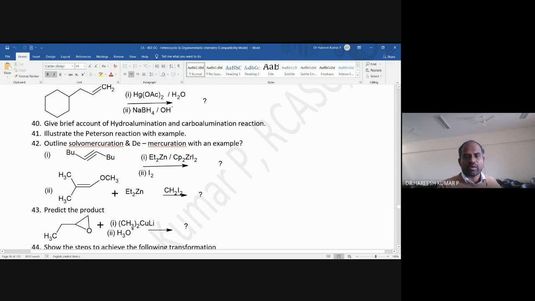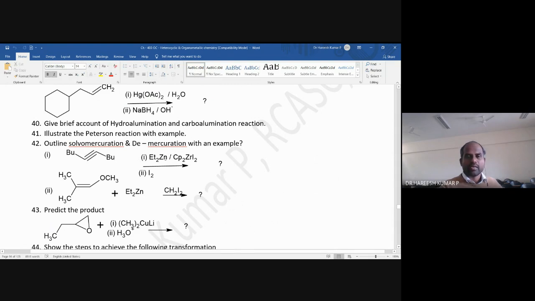Addition of ethyl as well as ethyl group. This is a symmetrical triple bond, and ethyl will add to either of the centers, no problem, and zinc will form a bond.